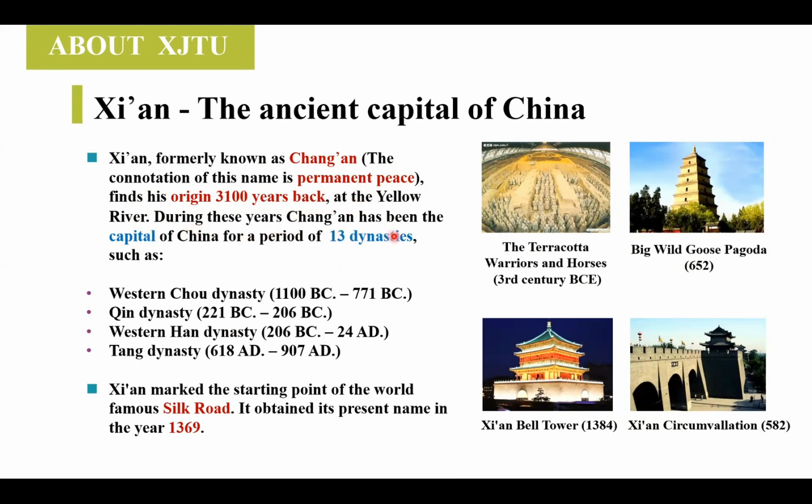During these years, Chang'an has been the capital of China for 13 dynasties, such as the Western Zhou, Han, and Tang. Xi'an marked the starting point of the world-famous Silk Road. It obtained its present name in 1369. So there are many ancient sites in and around Xi'an.